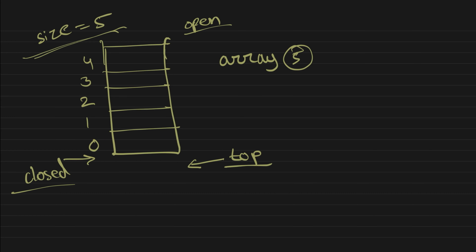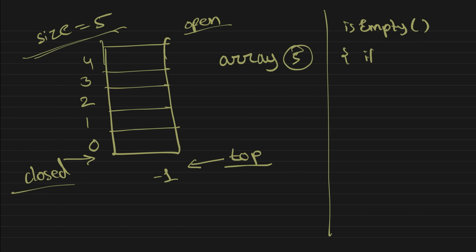So before 0 means my top initially can be -1. Okay, so my first condition, which is empty, how can I write it? I can simply check if my top is equal to what? -1. So if it's -1, it means I can return true. So this is the case to understand that my stack is empty.